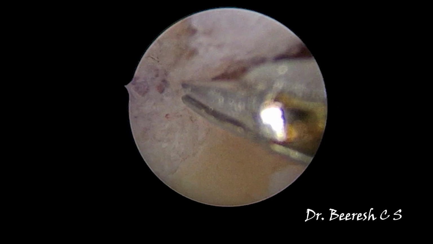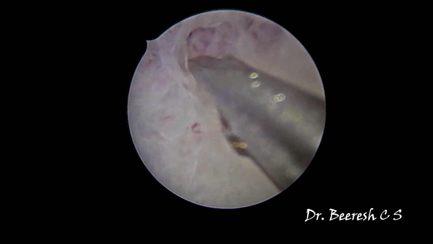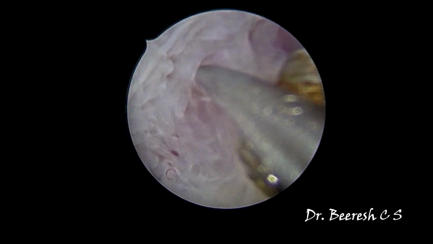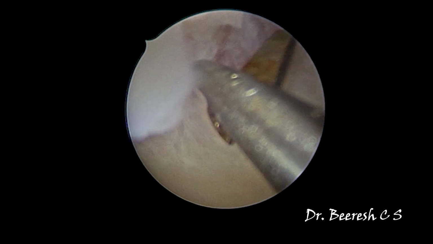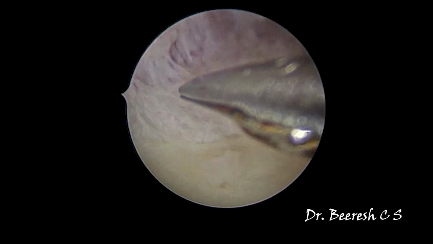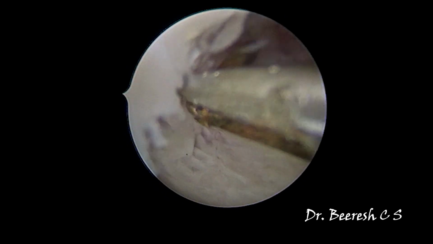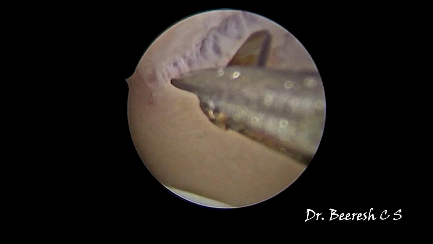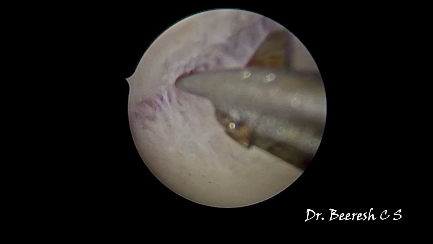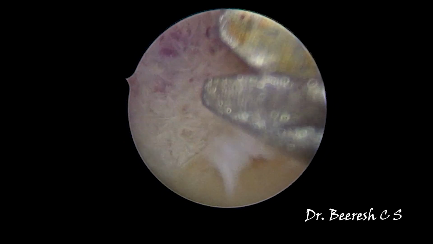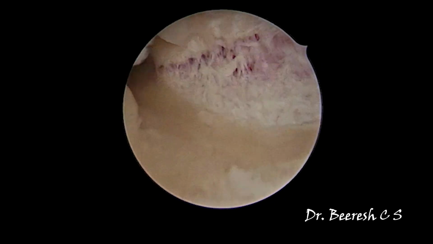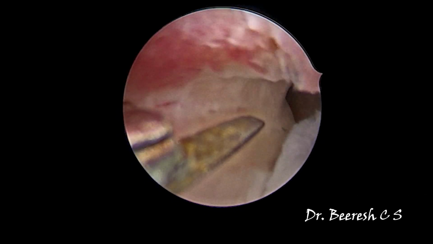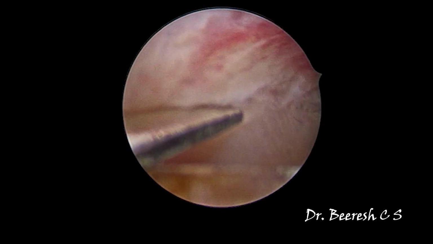There you can see the fibers of myometrium becoming apparent, and you can note the change in color of the tissues. The pale white tissue is becoming pinkish, which shows that I have reached the myometrial component, and that marks the end of the fundal resection. You can see a lot of release has been done in the fundal region.